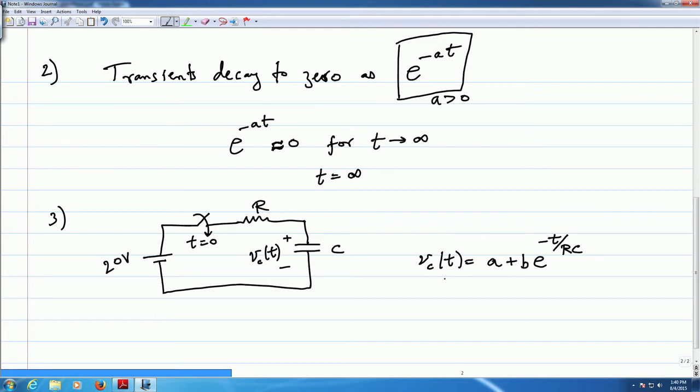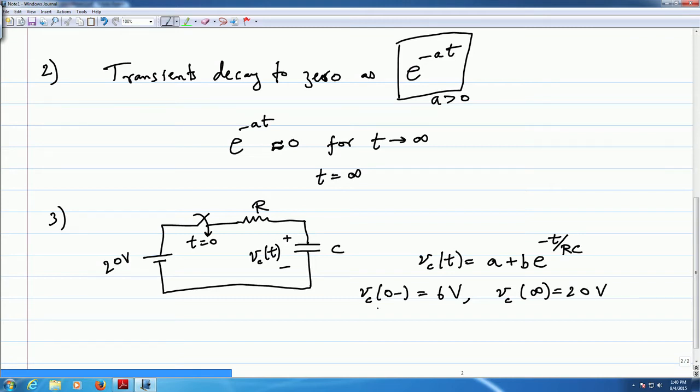The information given to you is that Vc of 0 minus is 6 volts, and you can also gather from the circuit that as t tends to infinity, after a long time has passed, eventually the current will die down and the capacitor will get fully charged, which means Vc of infinity is actually 20.